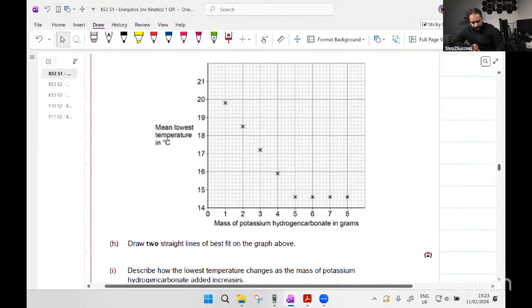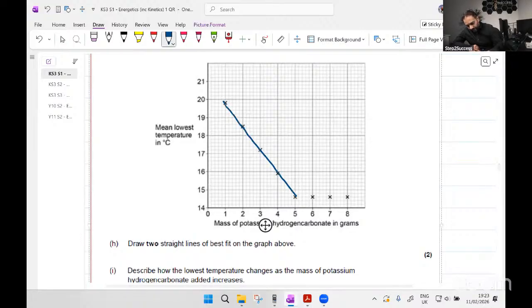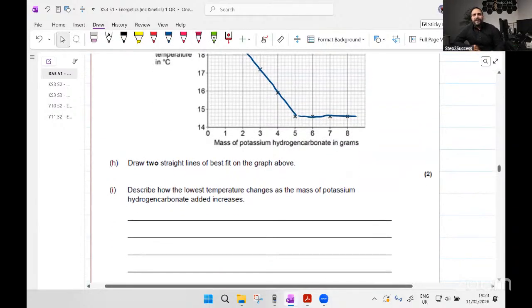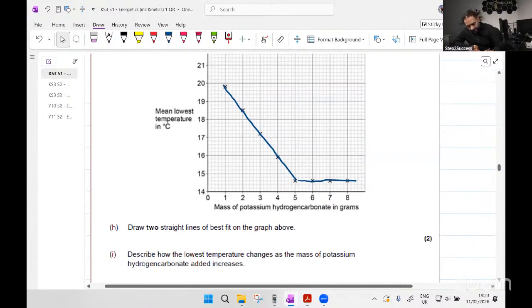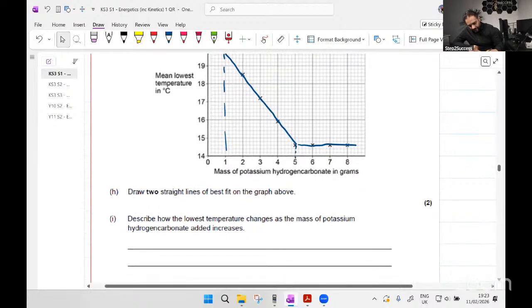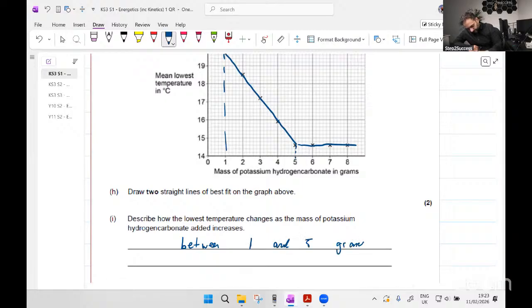So draw two straight lines of best fit. So there's one, and then there's the other. That's the two lines that we want here. Describe how the lowest temperature changes as the mass of potassium hydrogen carbonate added increases. So you want to say between 1 and 5 grams, the lowest temperature decreases.